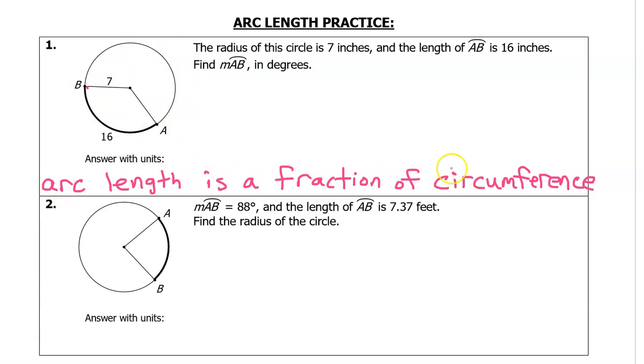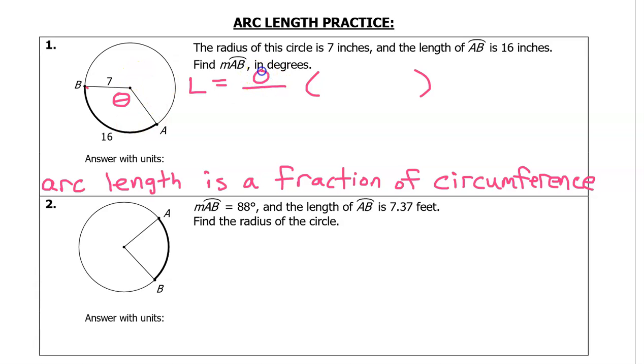We can take this sentence and turn it into a formula. I'm going to use the letter L to represent arc length. So arc length is a fraction of the circumference. What is this fraction that I'm talking about? Well, if the central angle is theta, then theta is some portion of degrees from the entire circle.